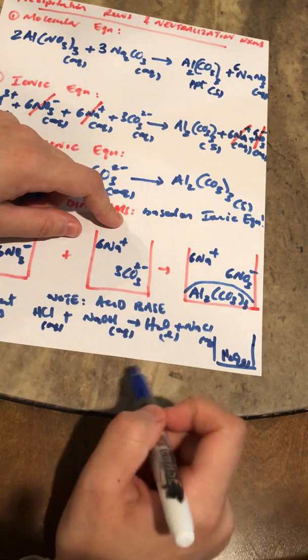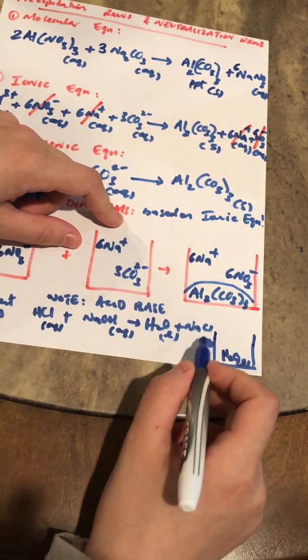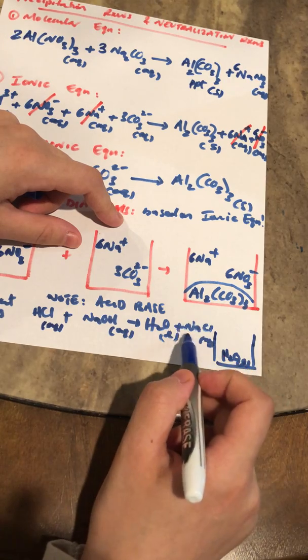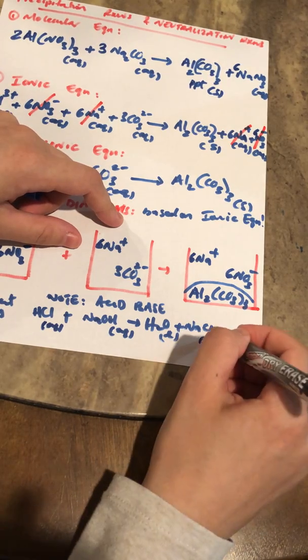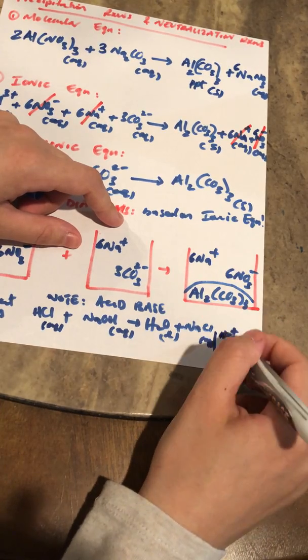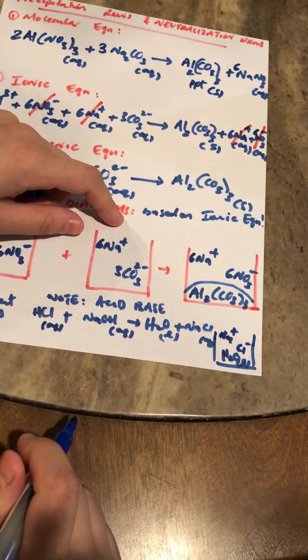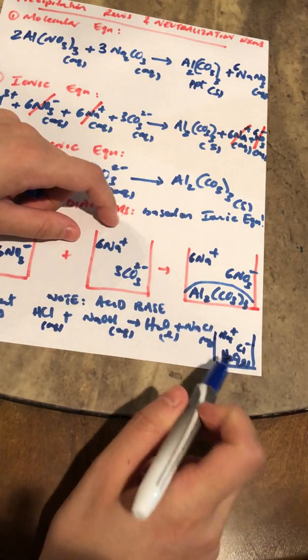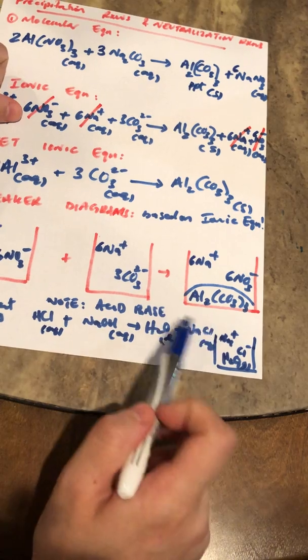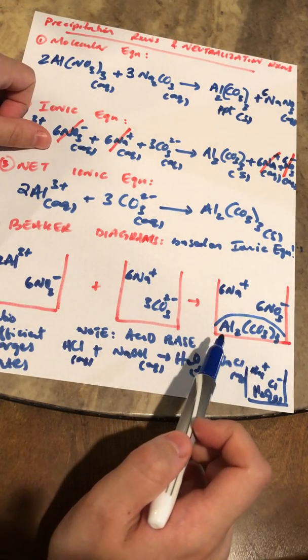Over here, in this case, it is an actual product. And then we would still draw the sodium chloride as individual ions, as we would normally do for any ion. So we would have the sodium plus ion and the Cl minus ion, and that would be your answer for a beaker diagram that involves any acid-base type of situation.